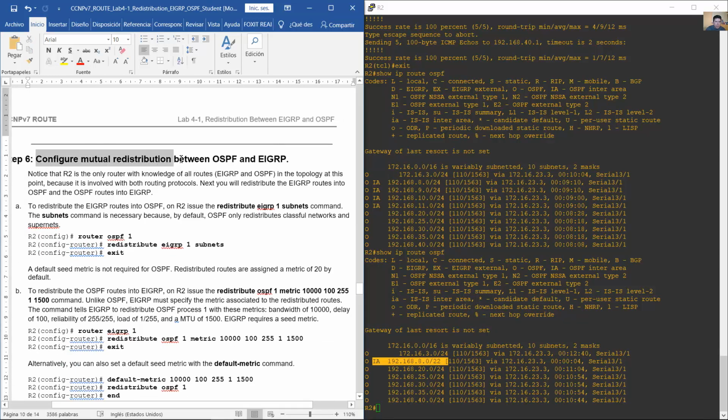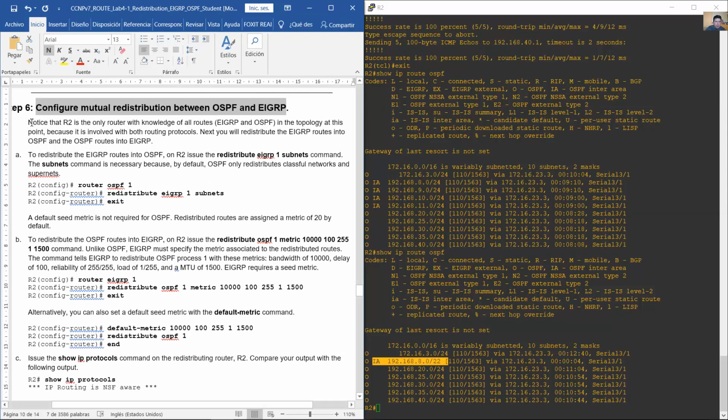Configure mutual redistribution between OSPF and EIGRP. Notice that R2 is the only router with knowledge of all routes, EIGRP and OSPF, in the topology at this point, because it is involved with both routing protocols.